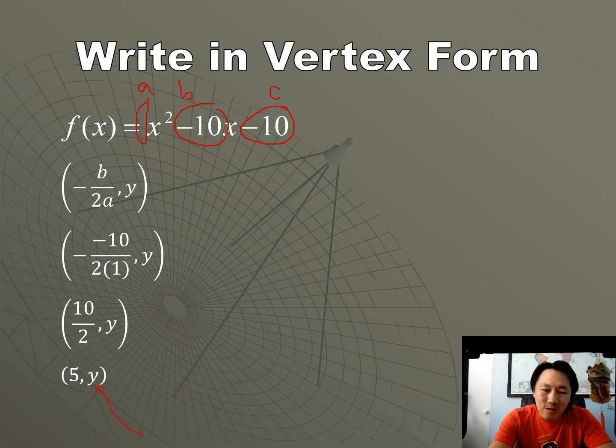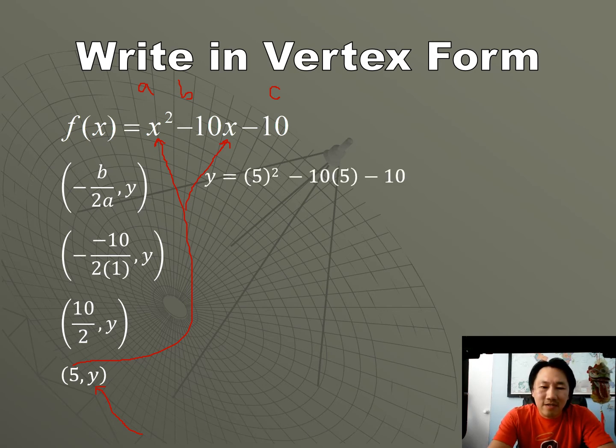Well, all you got to do is take this x. Let's erase some of this stuff. All you got to do is take the x, the 5, and plug it into this x and this x. All right, so let's go ahead and do that.